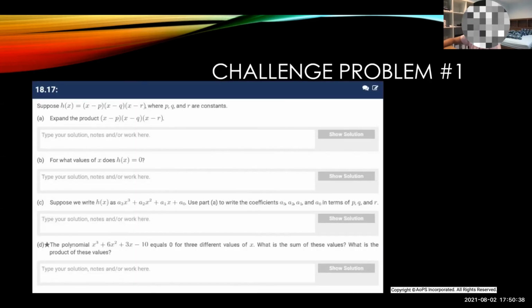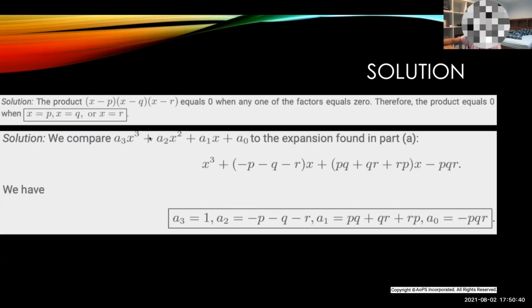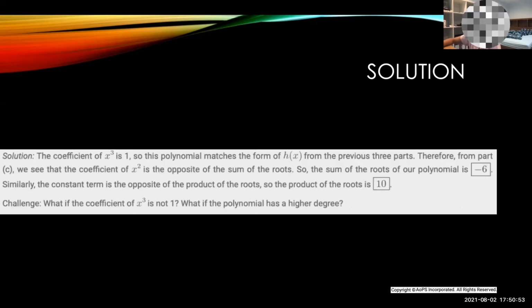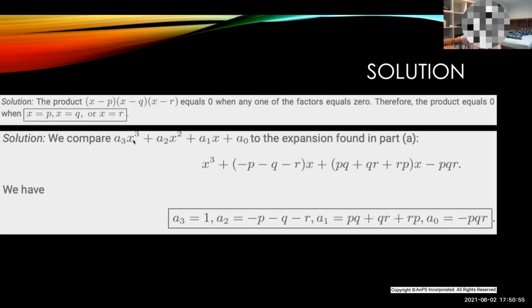And for C, this is how you would write the exponents in terms of the equation. So you would just put this in and compare it.